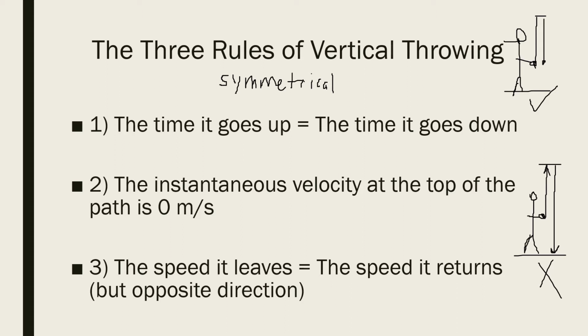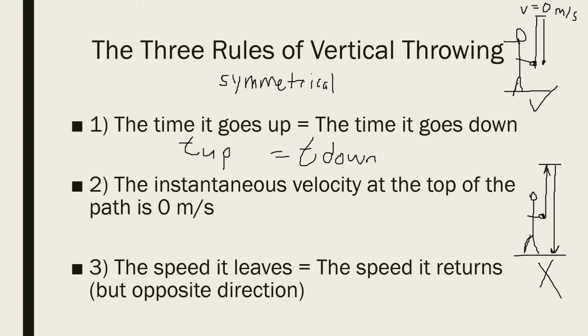So these 3 rules always apply to symmetrical vertical throwing. The time going up equals the time going down. In other words, T up equals T down. Okay? The instantaneous velocity at the top of the path is 0. We're going to get into that a little bit more, but essentially what we're saying is that every single time an object is thrown up vertically, right at the top of that path, it is 0 meters per second.